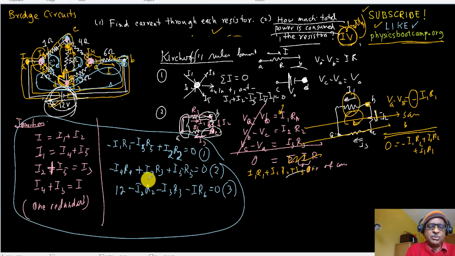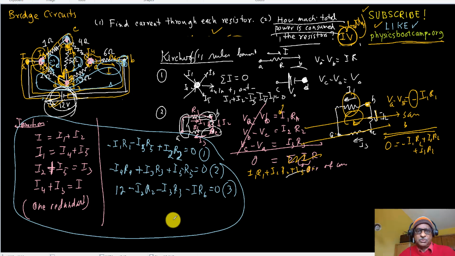Now you have to set it up and solve for the unknowns in the equations. So eliminate all the redundant things, and then you will be left with 3 unknowns, and then you're going to solve them. Okay, so I'm not going to go and do this algebra for you.